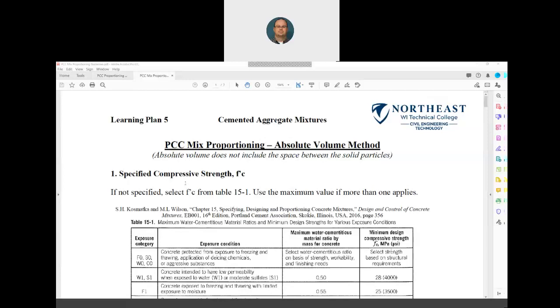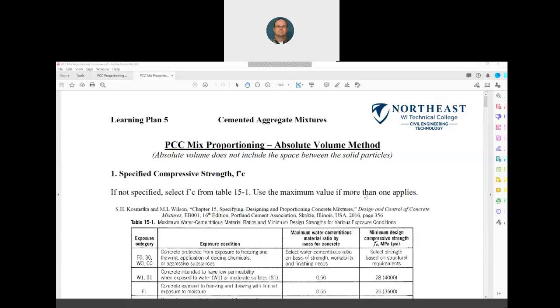It's typically 4,000 pounds per square inch, anywhere from 3,000 to 4,500 pounds per square inch in our typical Green Bay area. If you talk about high rises in downtown Chicago, we're upwards of 10,000 pounds per square inch. If it is not specified, select F prime C from table 15.1.